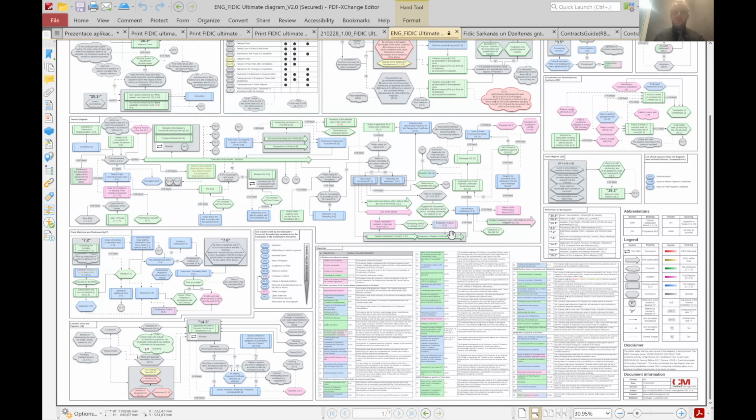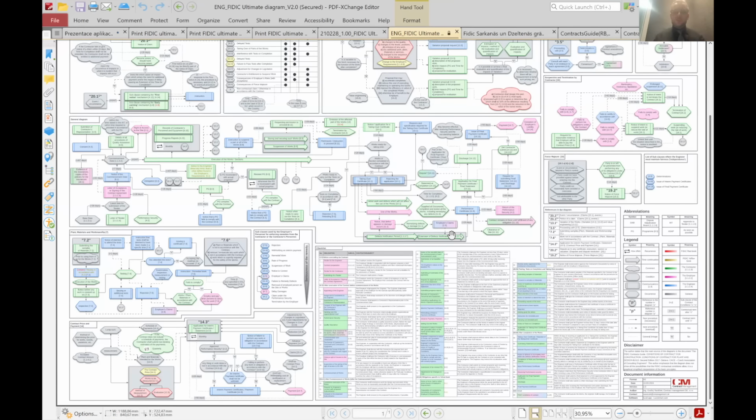If we just give some examples, when does the purple color actually appear? The purple color is mostly in the beginning, when the employer is accepting the contractor and starting the contract.